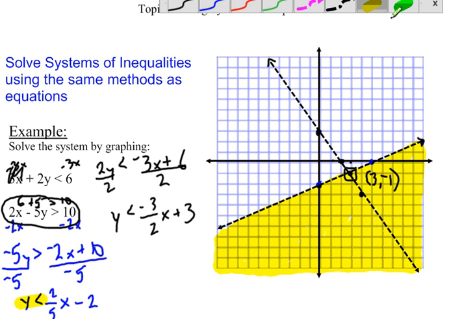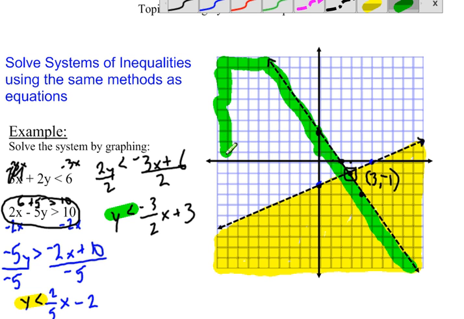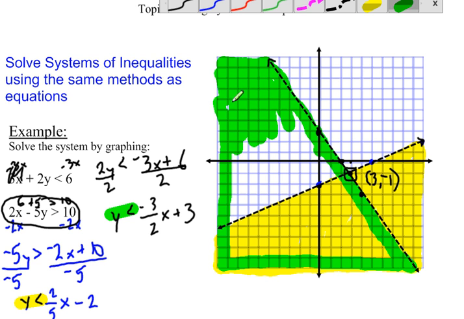Now I want to switch over to my green highlighter for this line right here. It's also y is less than. So here's where y met. If y is less than, I've got a graph underneath. Now the system of inequalities, here's where it's going to look a little different for you. When you're graphing systems of inequalities instead of equations, what you're looking at is the overlap of this filled-in spot.